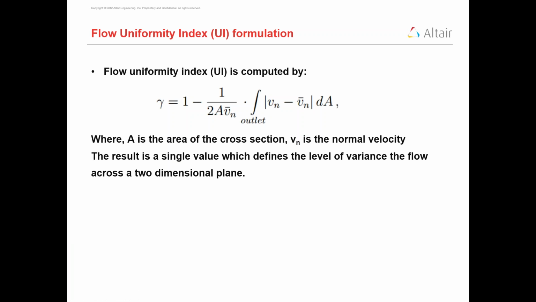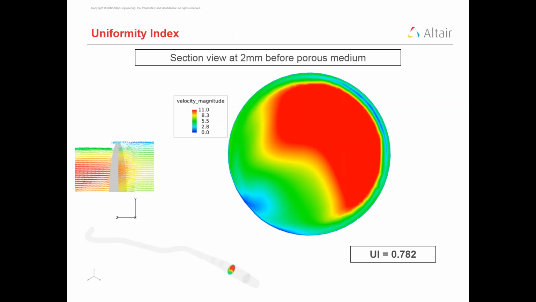Flow uniformity, as I told you, plays an important role in measuring the uniformity, basically. So this is how the formula is used. If you can see, the section view at 2 mm before the porous medium is around 0.782. We do have a script to measure the uniformity index directly in AccuField view.